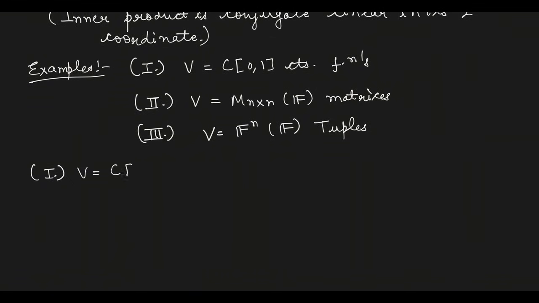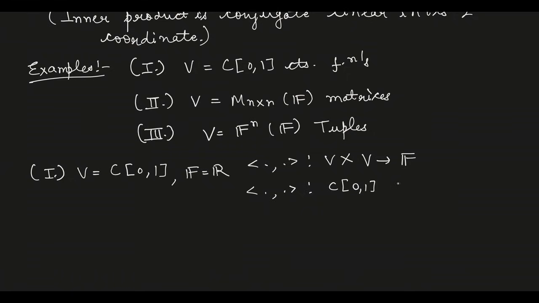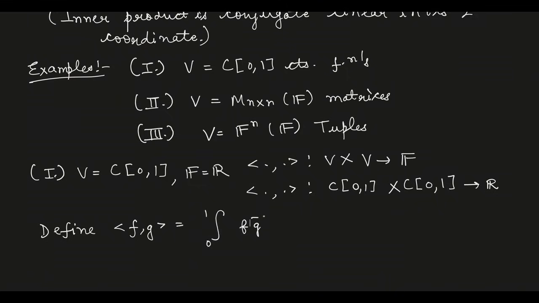V equal to C[0,1] means the inner product will be a map V cross V to field F. I am taking field F as real numbers. So this map will be C[0,1] cross C[0,1] to real numbers, and the inner product is defined as inner product of f comma g equals integration from 0 to 1 of f g conjugate dx.